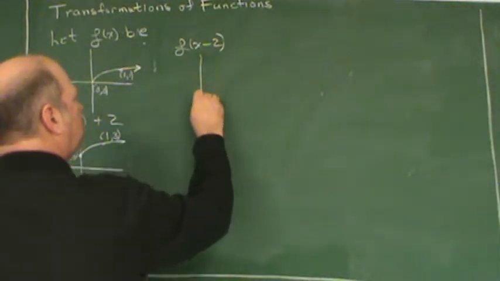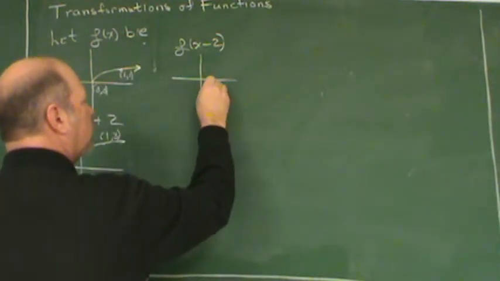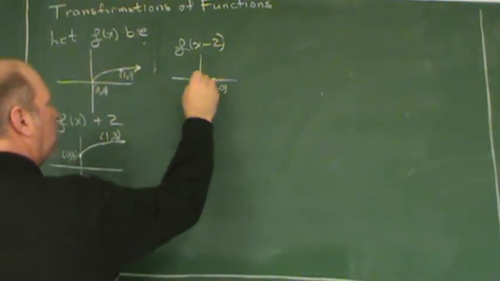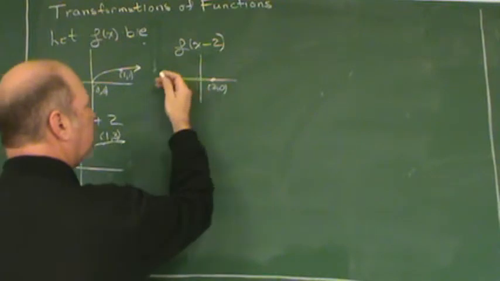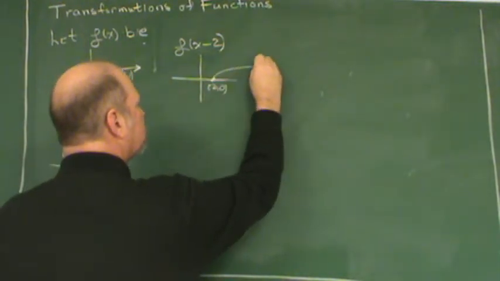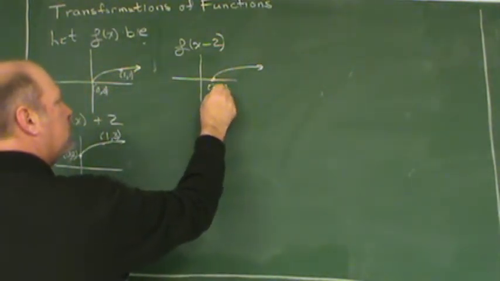So this point that was at 0, 0 goes to 2, 0. This point that was at 1, 1, it's going to be shifted 2 units to the right. So my graph is going to look something like this. The point that was at 0, 0 goes to 2, 0.